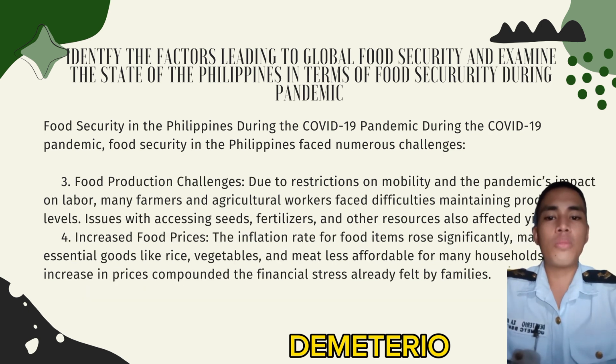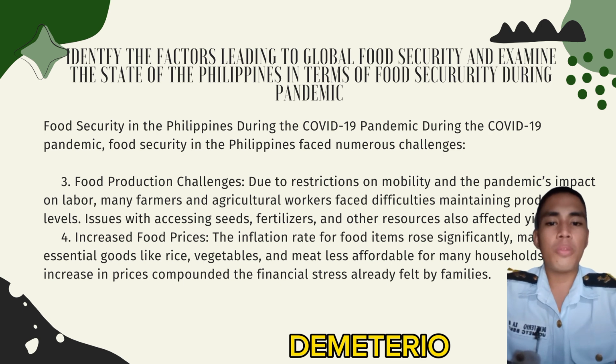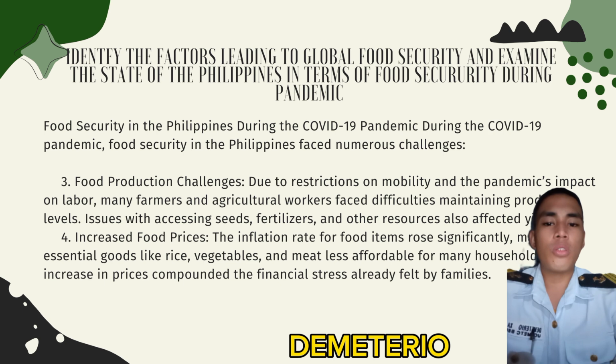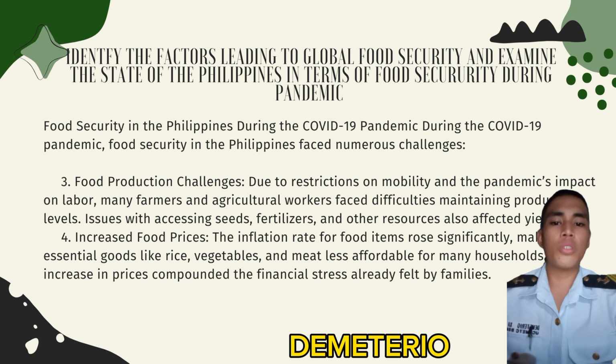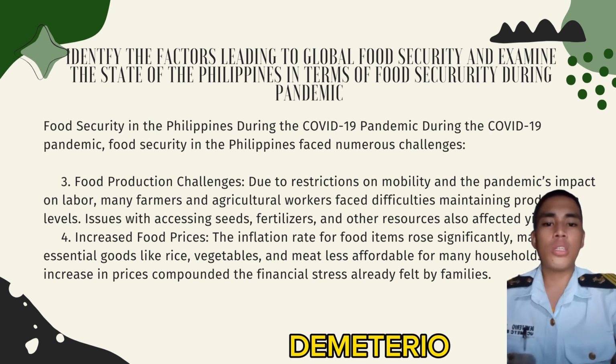Another challenge faced by the food security of the Philippines is its food production. The COVID-19 pandemic significantly disrupted the Philippine food production process, leading to many challenges. Farmers faced difficulties in accessing essential inputs such as fertilizers, pesticides, and seeds due to supply chain disruptions, transportation challenges, and increased prices.